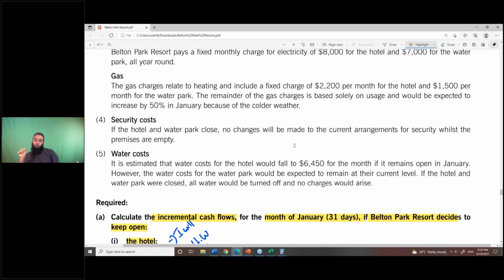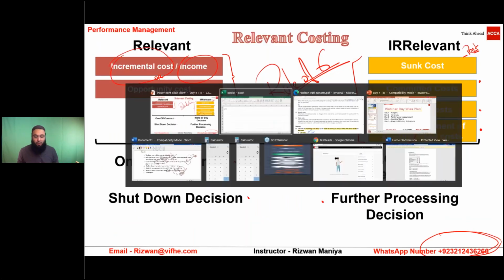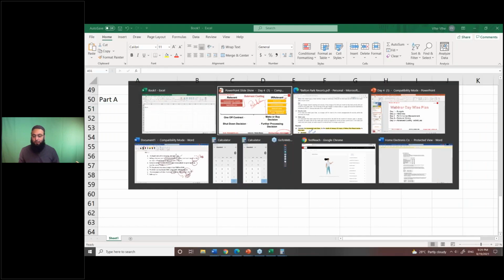Because I have to take a decision whether to keep it open or not, the first thing I need to do is start with the incremental income. If I keep it open, what will be my incremental income? And then the cost, because if you go back to the rule of 6, incremental cost and income will be relevant for you, and let's see what is not relevant.